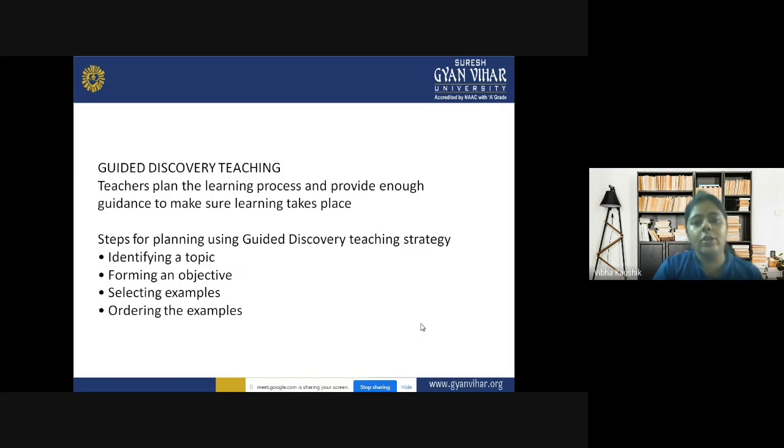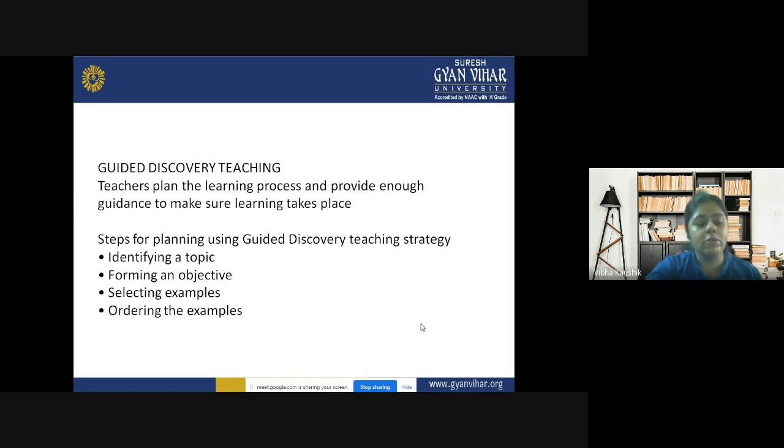Steps for planning using guided discovery teaching strategy. Identify a topic. You have to select a topic. Selection of a topic is a must. Forming an objective means you have to frame certain objectives related to that particular concept or topic.